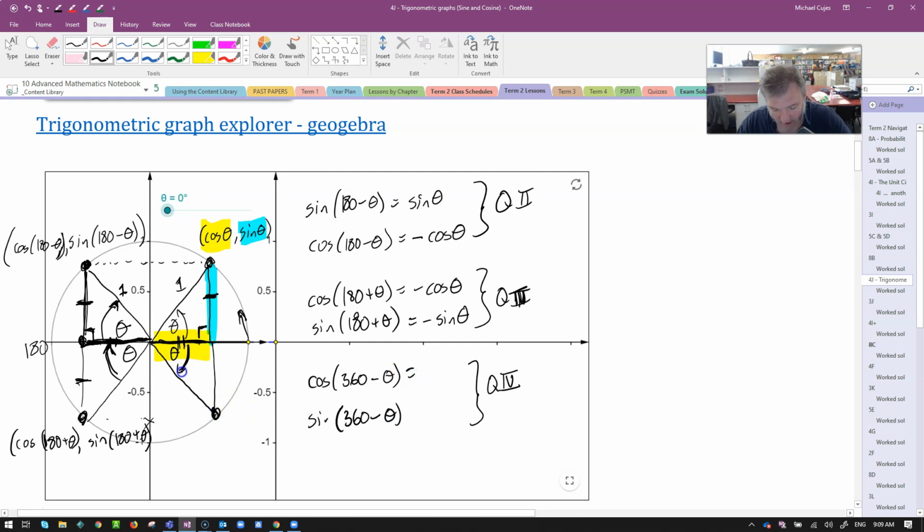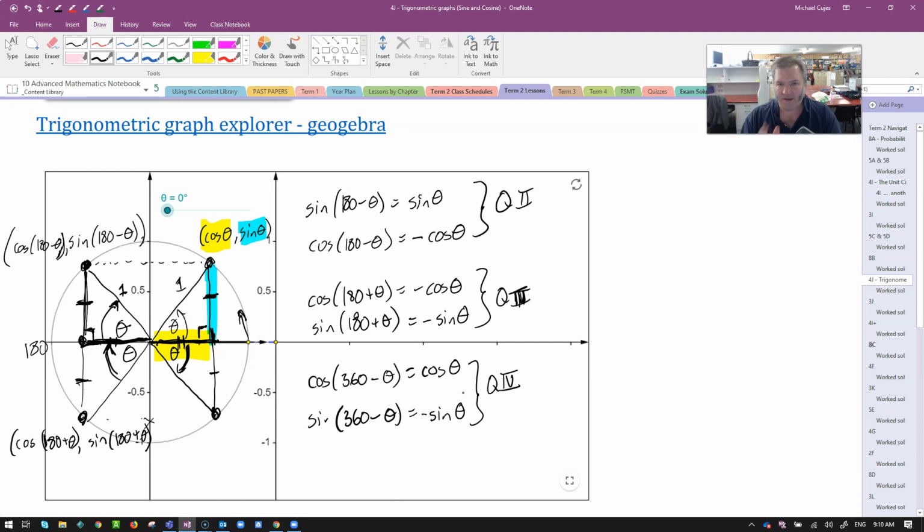Well, the cosine, the x-coordinate, is back to being positive again. And in fact, it's exactly the same as what we had in the first quadrant. So the cosine of 360 minus theta is the same as cosine of theta. The sine, the y-coordinate, is the same size, but in the negative direction, so it's equal to negative sine theta. So that's what the basics of our unit circle helps us with.